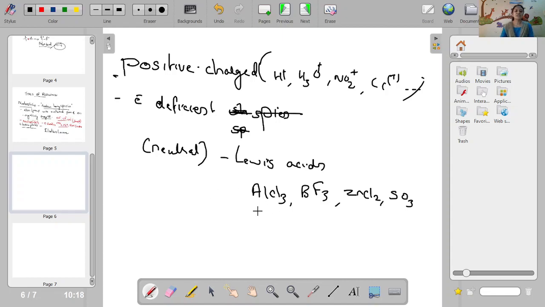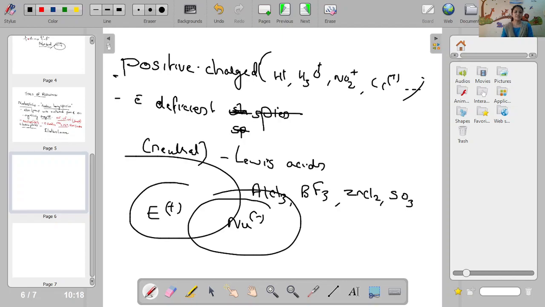These are some neutral electrophiles. So electrophiles as well as nucleophiles, Nu minus and E plus, are the two types of reagents commonly used in organic chemistry. There will be a question of 4 marks: write a note on nucleophiles and electrophiles, or 6 marks: what are the common reagents used in organic chemistry?